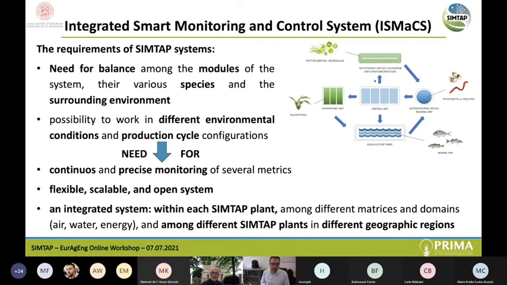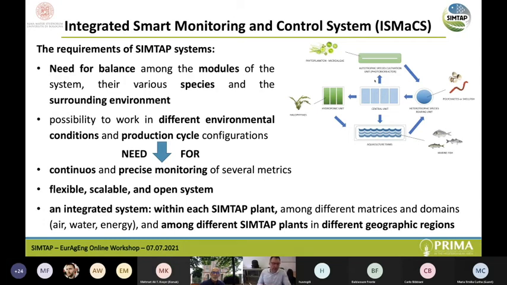As you have seen in the previous presentations, the SIMTAP pilots work in very different environmental conditions and with different production cycles. So this challenging context calls for a continuous and precise monitoring of different metrics. This system must be flexible, scalable, and open.